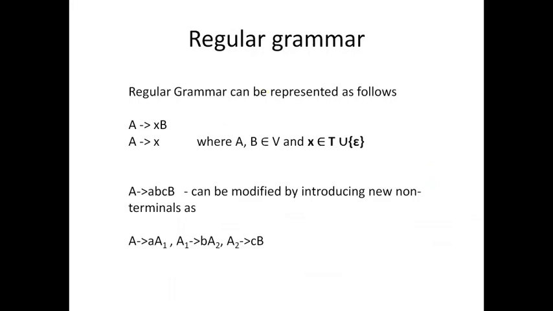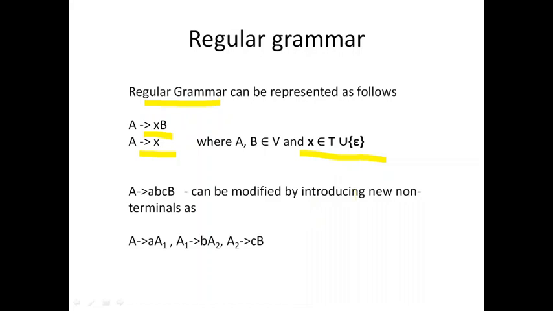So now we will look at a particular type of representation possible for regular grammar. According to the definition of regular grammar, you might have two formats for the productions. If it is a right linear grammar, you will have productions of the form capital A giving small x capital B, where x is a string of terminals.